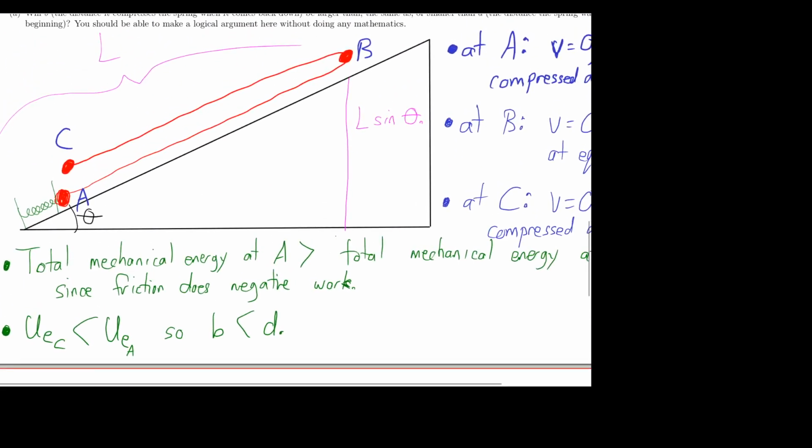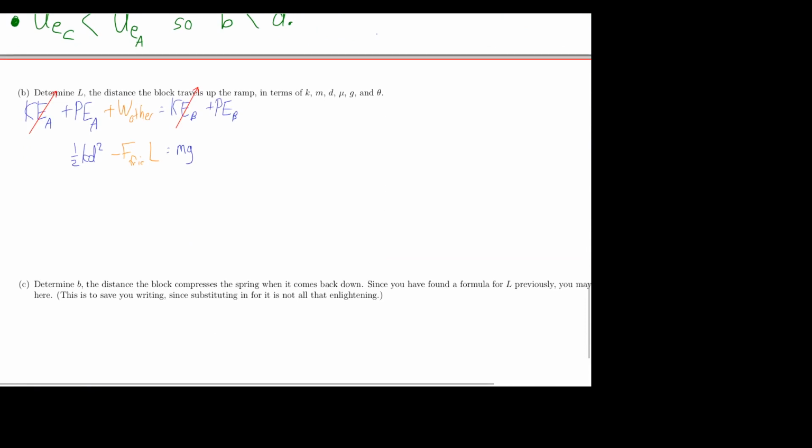L sine theta comes from what we just did, the trig. And here we need to find the force of friction, which is mu times the normal force, which is mu times mg cosine theta. Probably remember that from Unit 2.